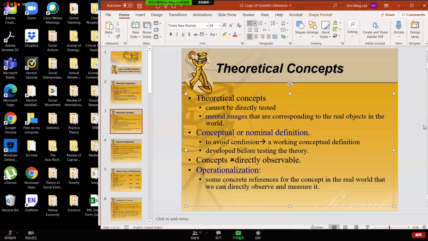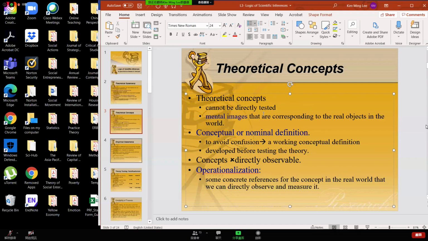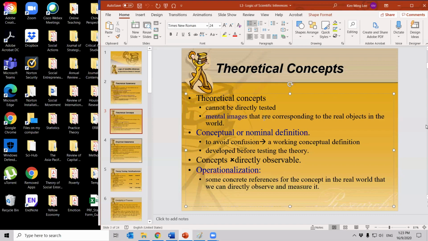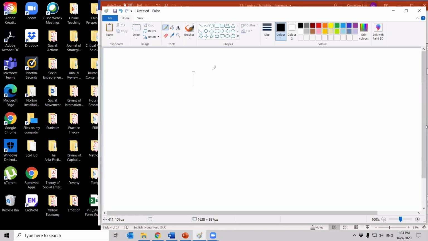Okay. So an empirical statement has to be derived through logical deduction and operationalizing the abstract concept from a theoretical statement. In this case, this is quite complicated, but pretty simple. For example, when we examine a theoretical statement like father's educational level, cause, effect, and respondent's educational level.